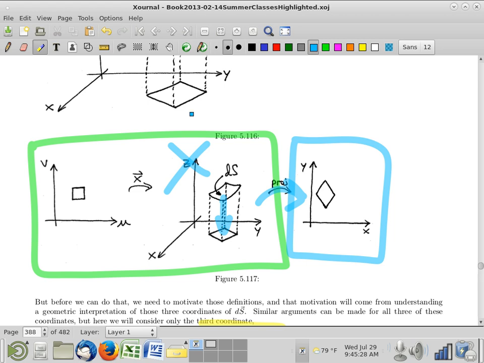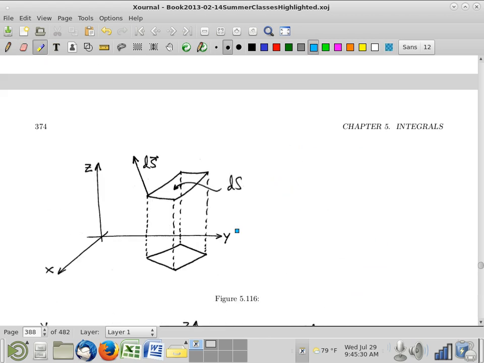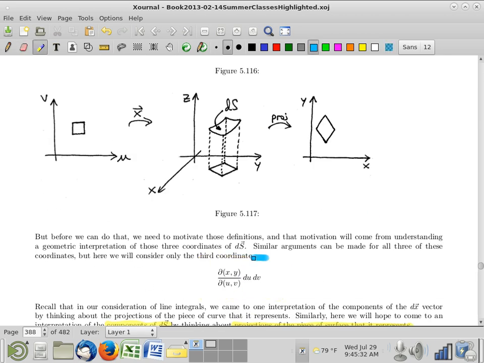Okay, so the thing that we find ourselves looking at, this coordinate here, that coordinate says I'm going to multiply du dv, that's a piece of area in the uv plane, by the stretching factor of the function that views x and y as functions of u and v.